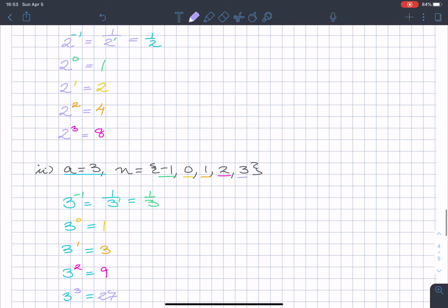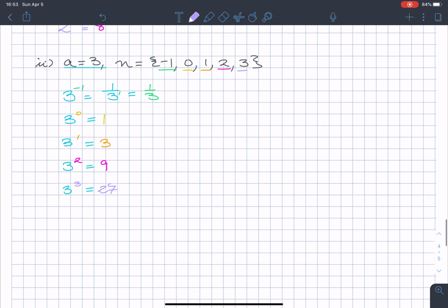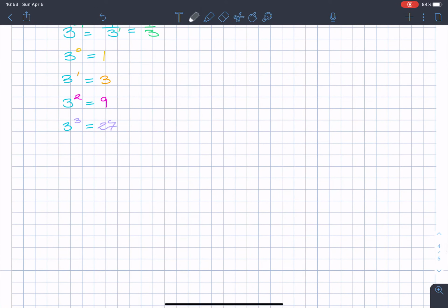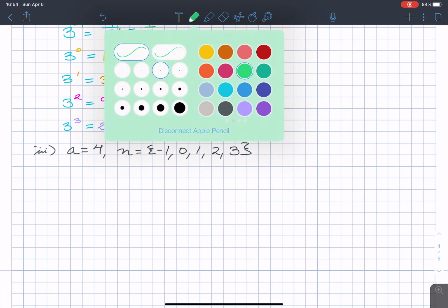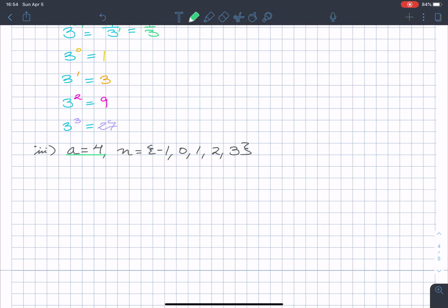Okay, last but not least, number 3. Let's say we have that my base a is now 4, and n will once again be negative 1, 0, 1, 2, and 3. So now my base is 4.